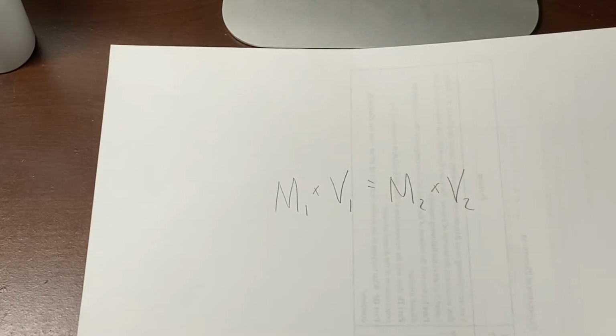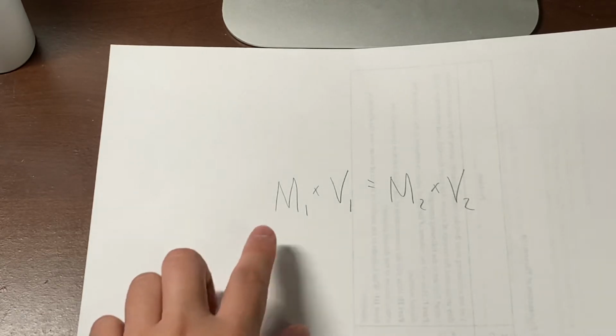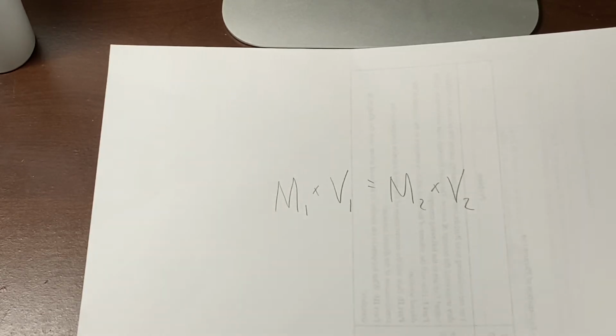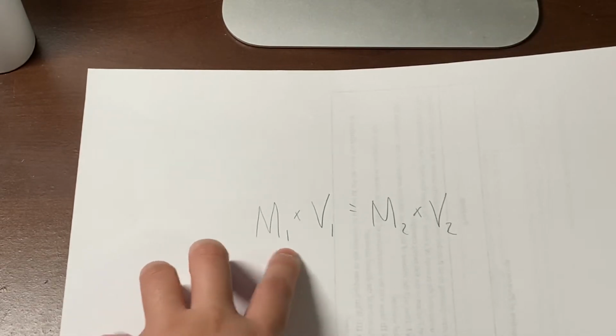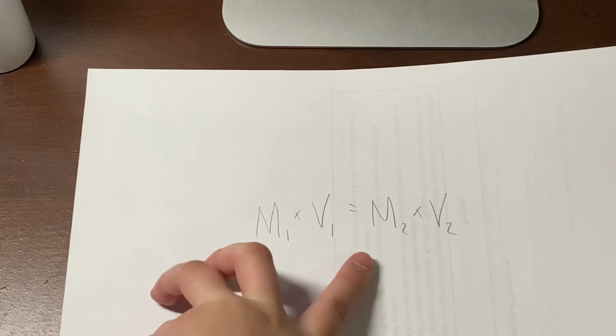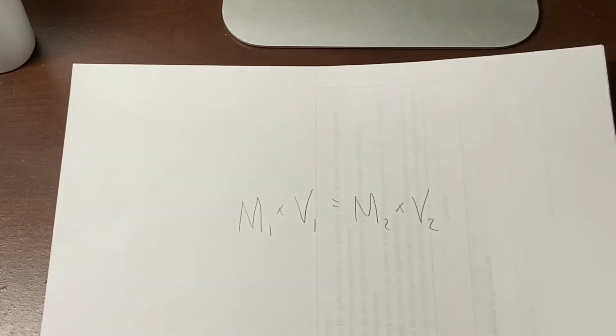With that being said, this formula helps us to identify the dilutions of any given value that we want to find. So it reads M1 times V1 equals M2 times V2.